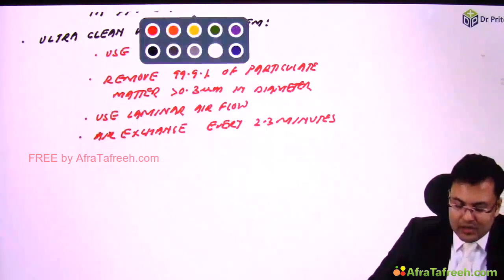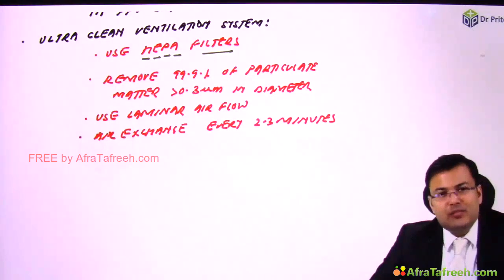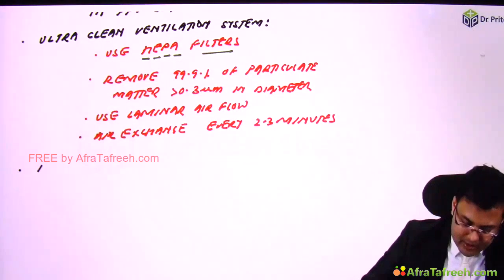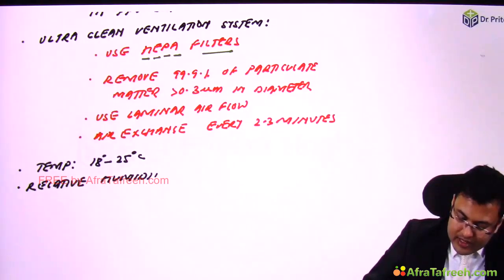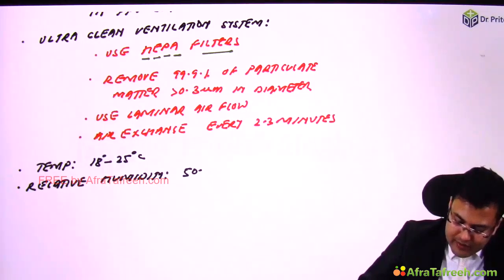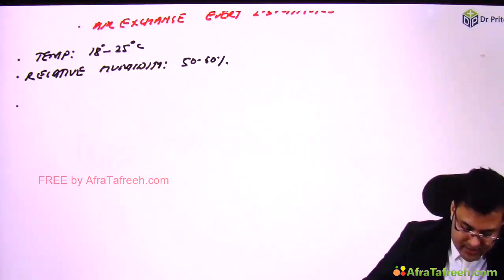I discussed what temperature we should maintain, 18 to 25, and how much relative humidity, 50 to 60%. So temperature 18 to 25 degrees centigrade, and the relative humidity 50 to 60%.